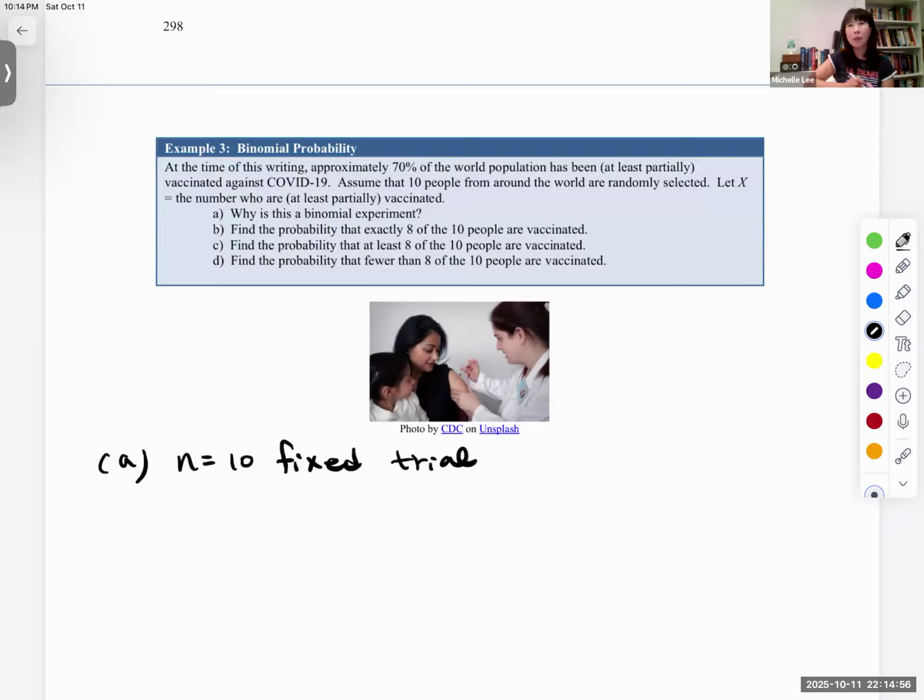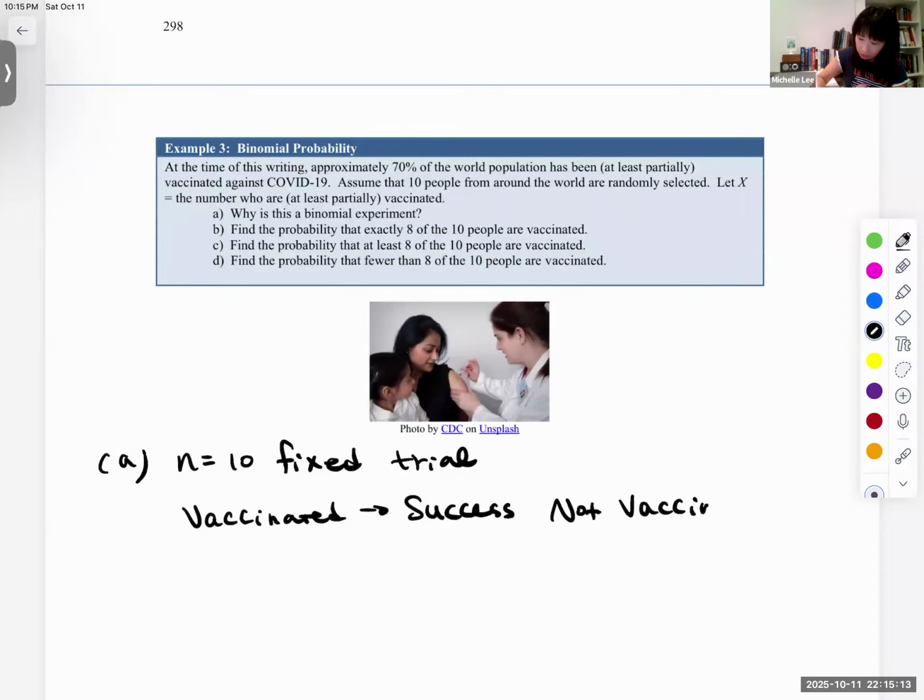Success or failure, right? So what's the success in this case? Vaccinated. Yes, vaccinated is a success, and not vaccinated will be a failure.